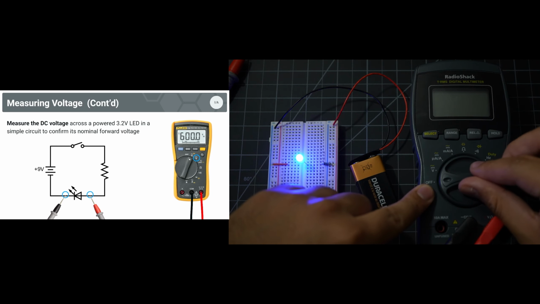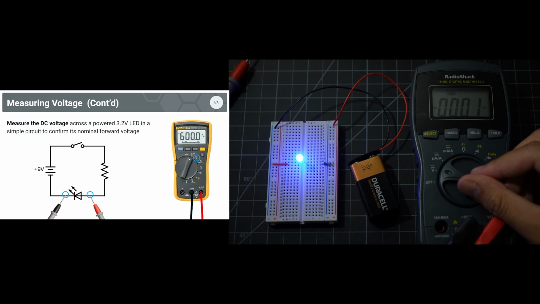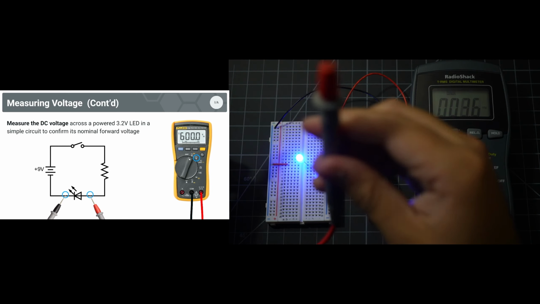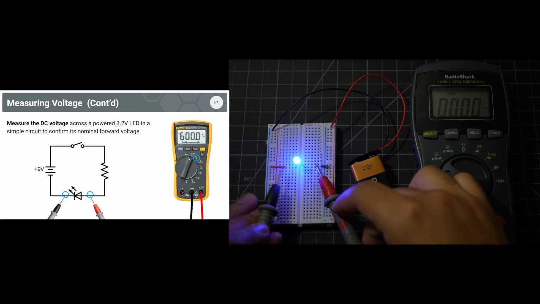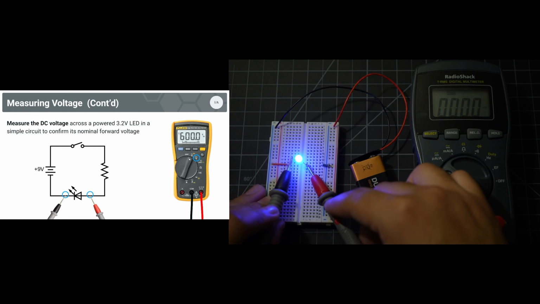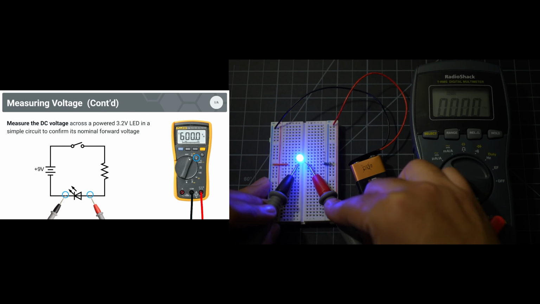We're just going to set the dial to the V symbol, and then we're going to take our probes, red probe, black probe, and we're going to apply the red probe to the positive end of this LED and apply the black probe to the negative end of the LED.